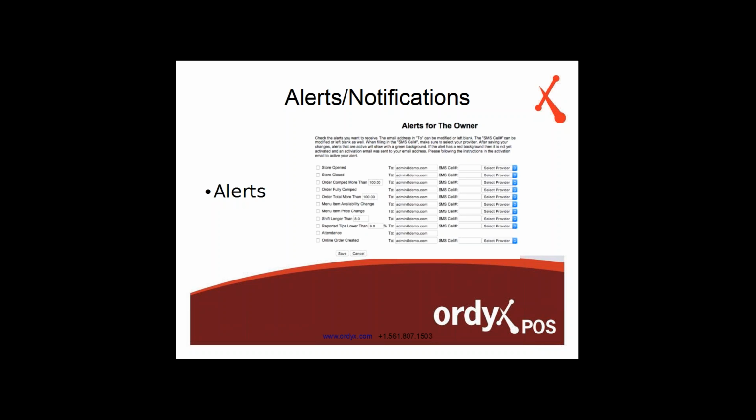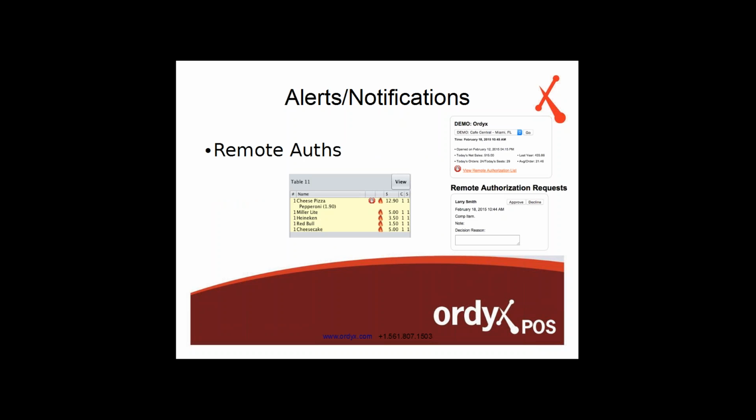Also, we have the remote authorization. The way this feature works is that, for example, a bartender needs to void an item, and for some reason the manager is not at the restaurant. When you try to do the void, it will prompt a window with an option that says remote authorization.